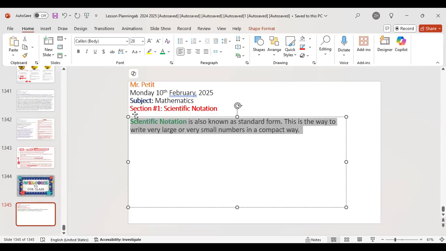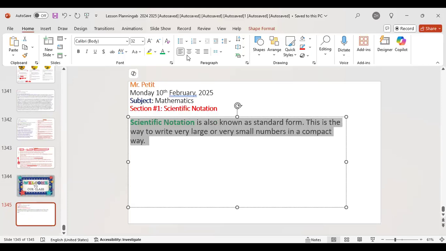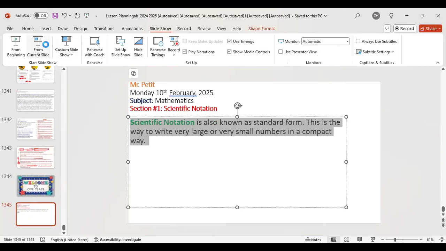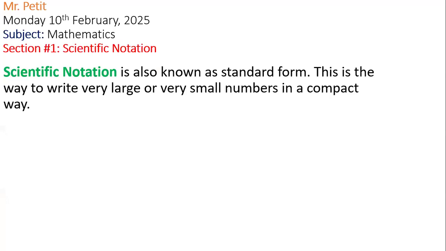We use scientific notation whenever we're trying to write very large or very small numbers in a short way. That's what we mean by scientific notation.